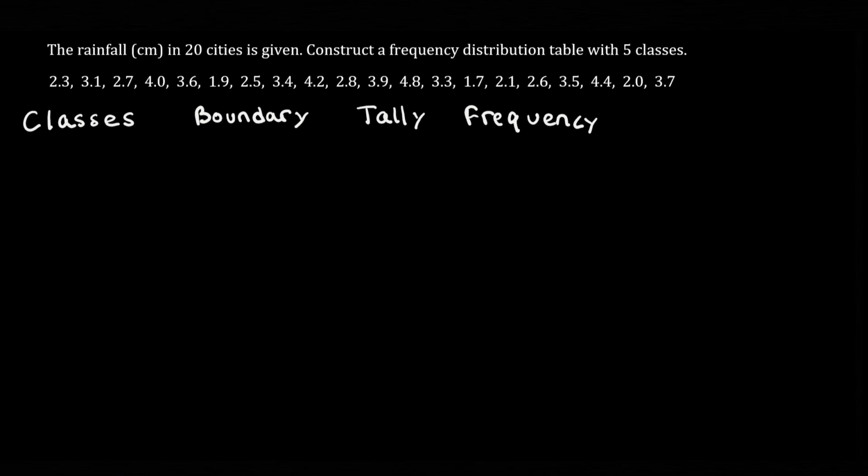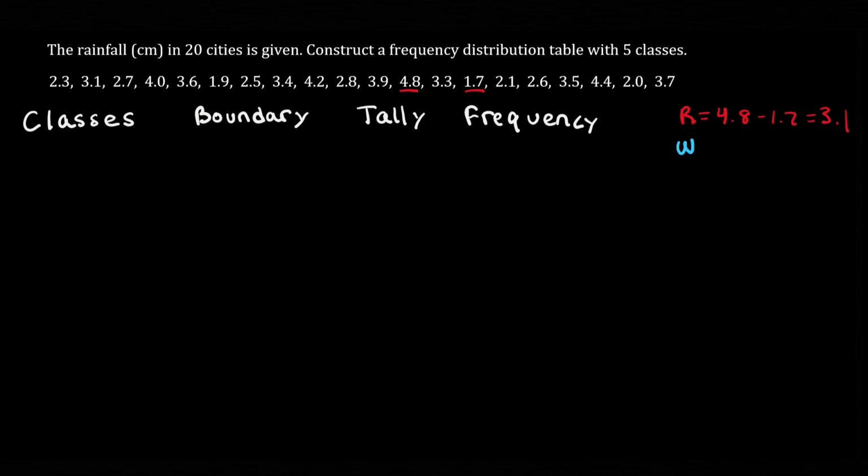We want to start by finding the range of our dataset. So the largest value is 4.8, and the smallest value is 1.7. So the range is just 4.8 minus 1.7, which is 3.1. We then want to find our class width, and we can do this by dividing the range by the number of classes.